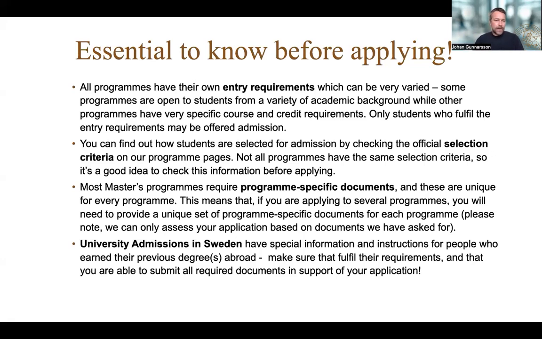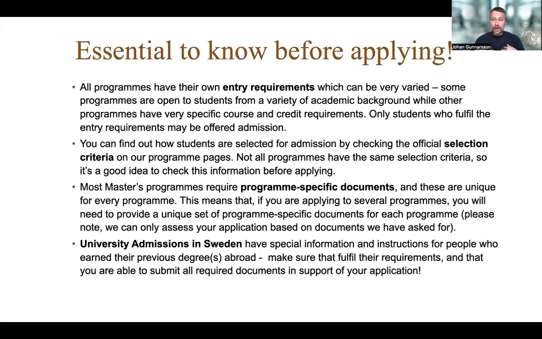So let's say that I am German, I studied in Germany, then I would have to go to the University Admissions in Sweden website and check for the country-specific information for Germany. If I studied in South Africa before, I would need to find the information about students from South Africa, etc. And this is your previous merit country, your previous country of study. It's not about your nationality here.